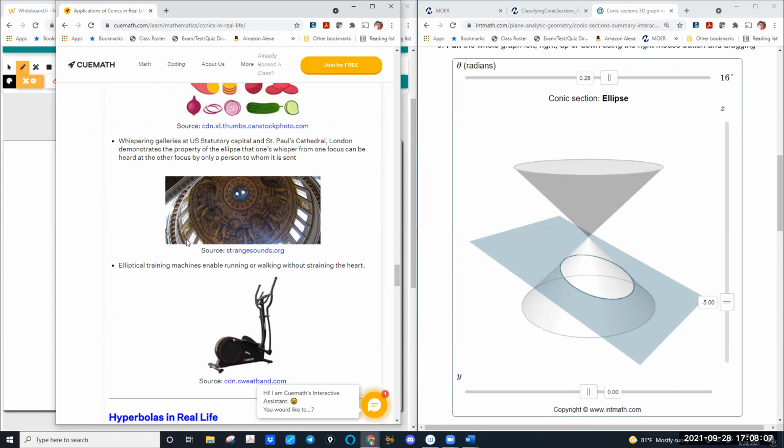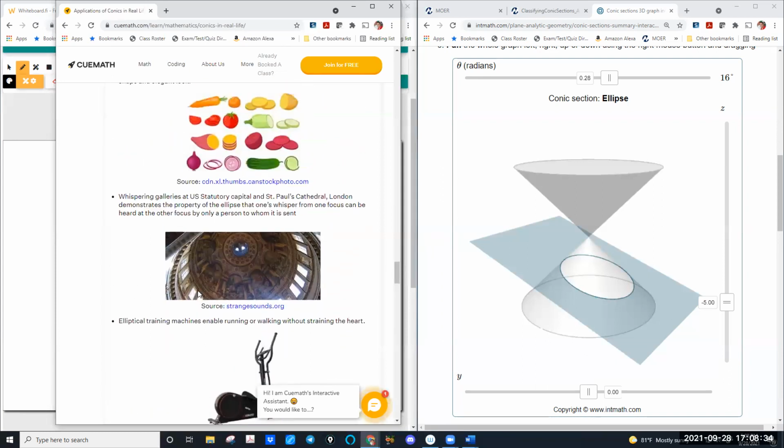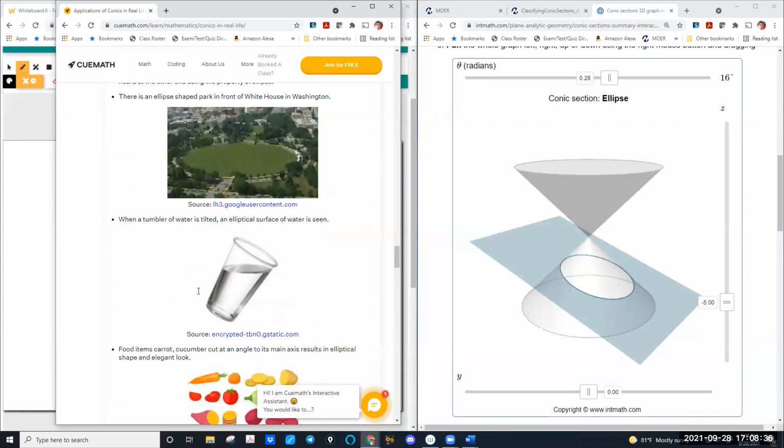And what's interesting about these is the roofs are built in the shape of ellipses. And what happens is if you stand at one focus and maybe drop a pin or whisper, somebody standing at the other focus will hear it at the same level that you do because all the sound reverberates off that elliptical ceiling and goes down to the other focus. So they've got a lot of really cool properties.